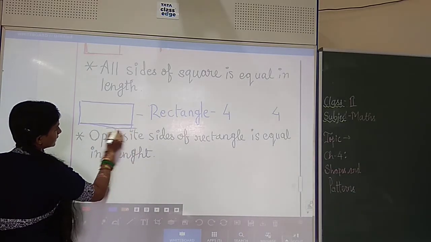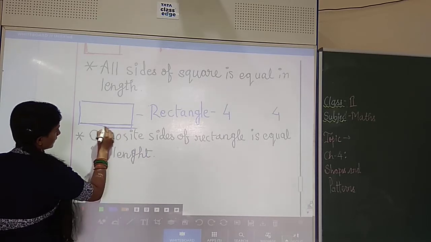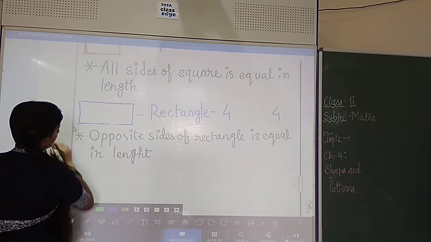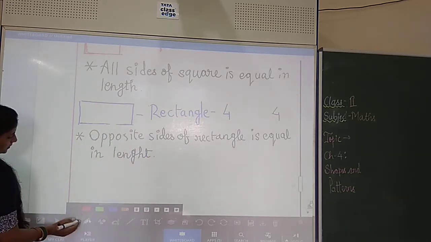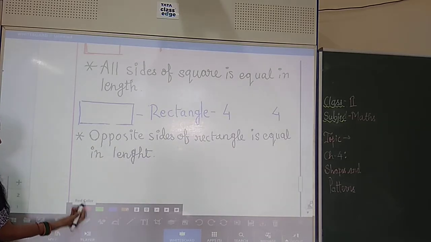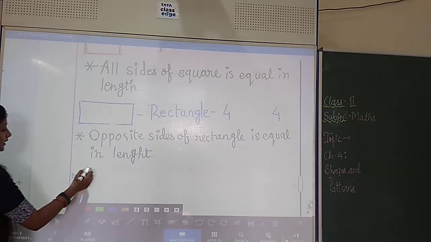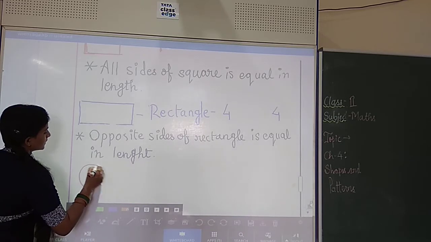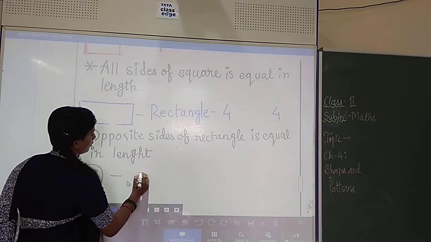We'll erase this. Okay, next shape is, next one is what? Circle. That you all know.